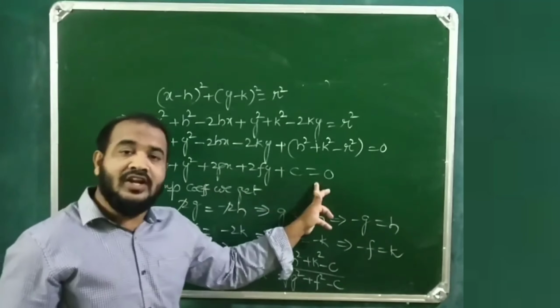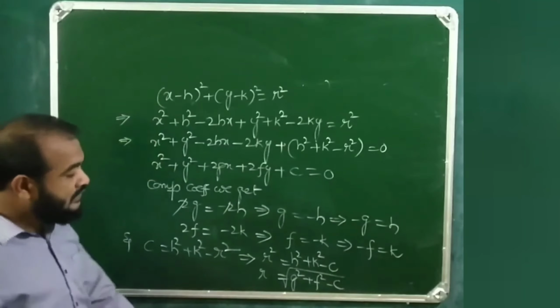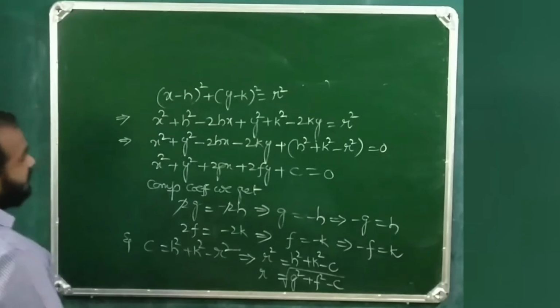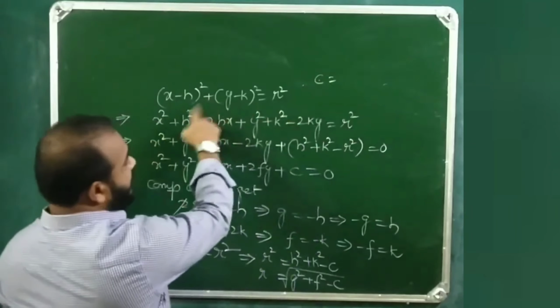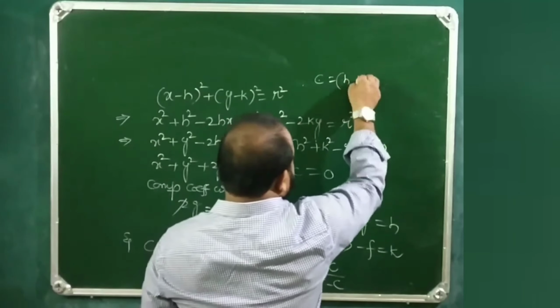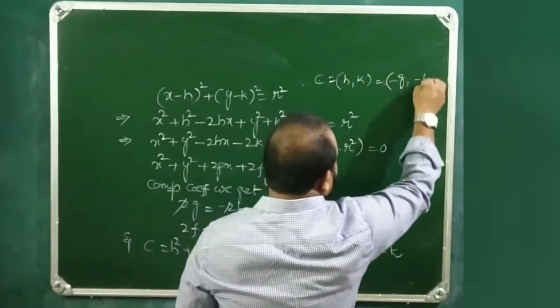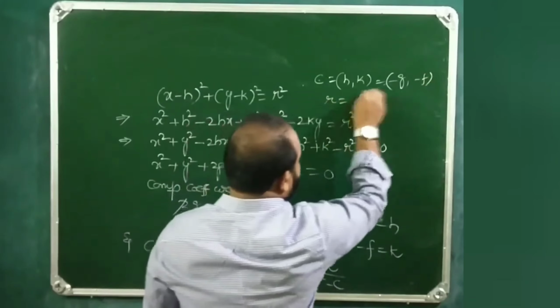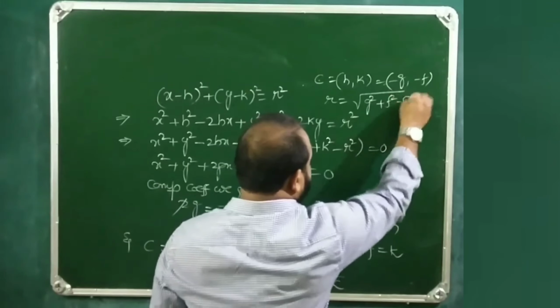This is called the general equation of a circle. What is the center? The center (h, k) is (minus g, minus f), and radius r is equal to square root of g square plus f square minus c.